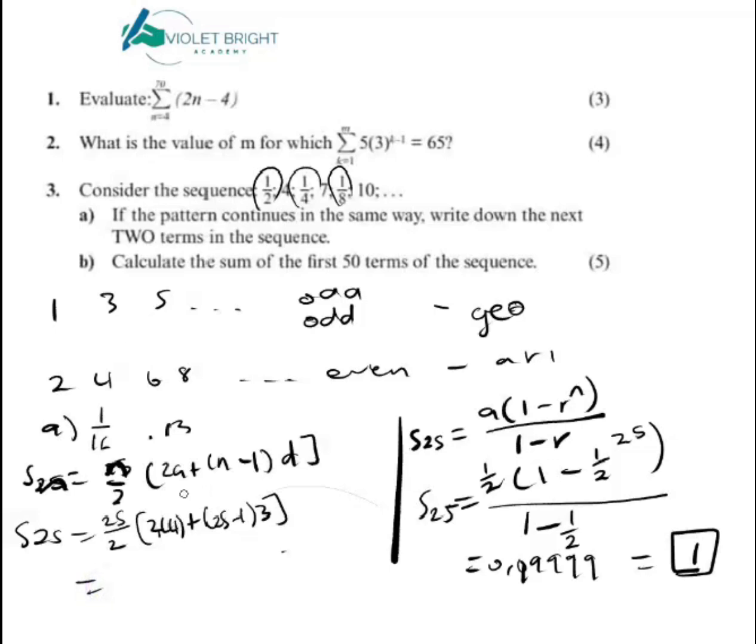Let's use a calculator quickly here. So the answer here is 25 over 2 times 8 plus 24 times 3, and our answer here is 1000. So the sum of the first 50 terms is basically us adding the two sums, which gives 1001.